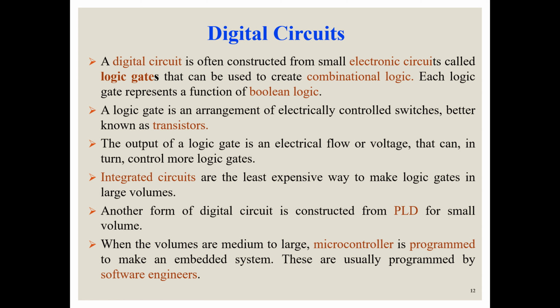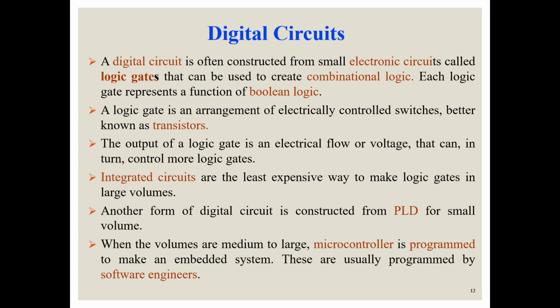A logic gate is an arrangement of electrical control switches, better known as transistors. So in order to design a logic gate, we need an electronic switch which is called a transistor. The output of a logic gate is an electrical flow or a voltage that is in turn able to control more logic gates.